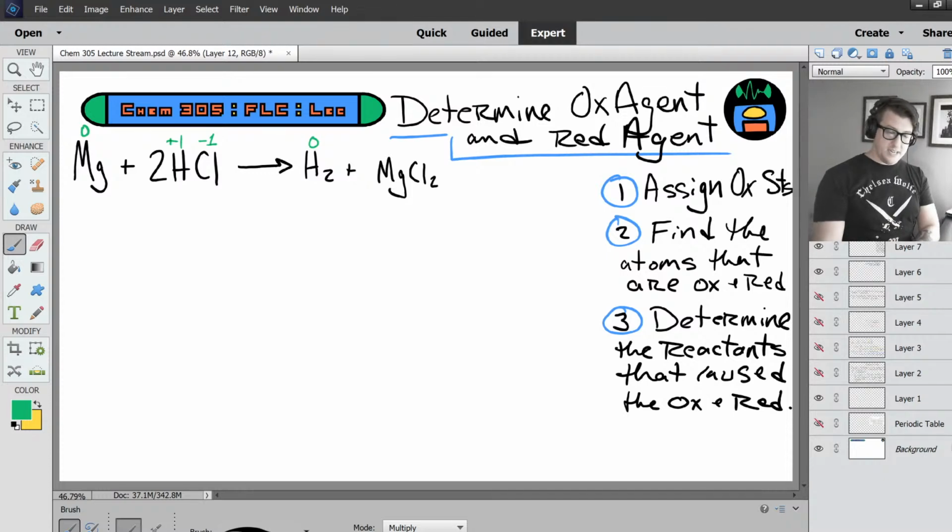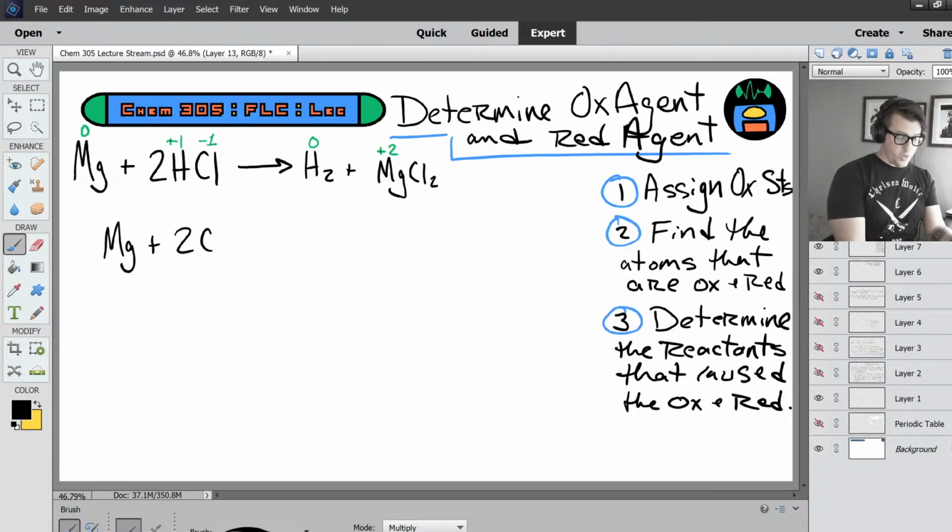Okay, and now finally we have magnesium chloride. This is going to take a little more heavy lifting. Magnesium is rule number 3. It's a metal in the second column of the periodic table, so it has an oxidation state of +2. And with that knowledge, we can use rule number 1 to figure out what the oxidation state of chlorine is, because the oxidation state of magnesium plus the oxidation state of both chlorides have to add to our total charge for this molecule, which is 0.